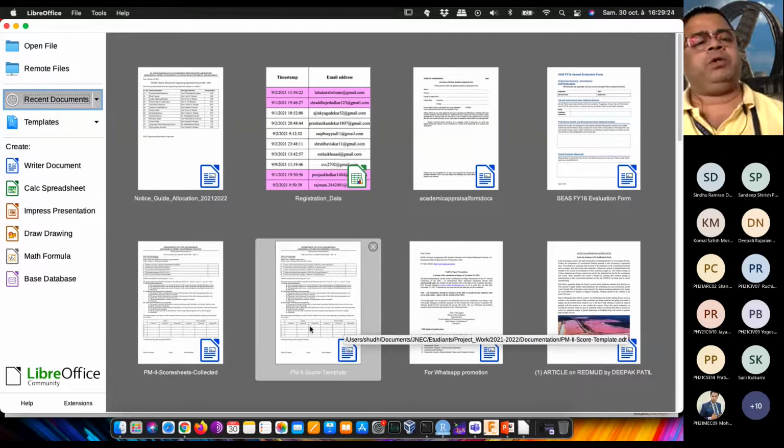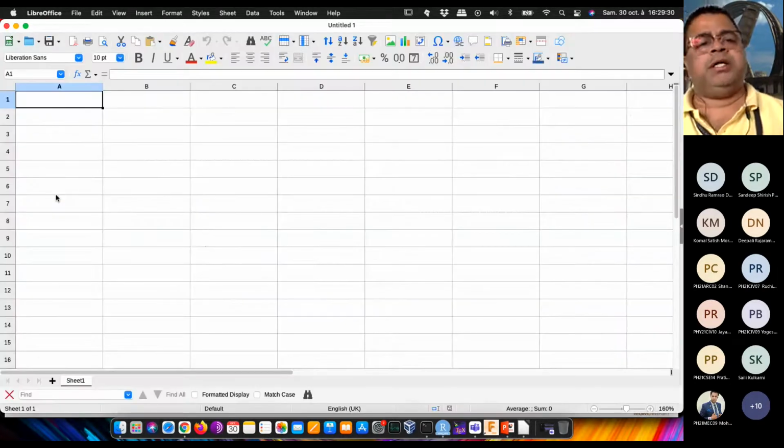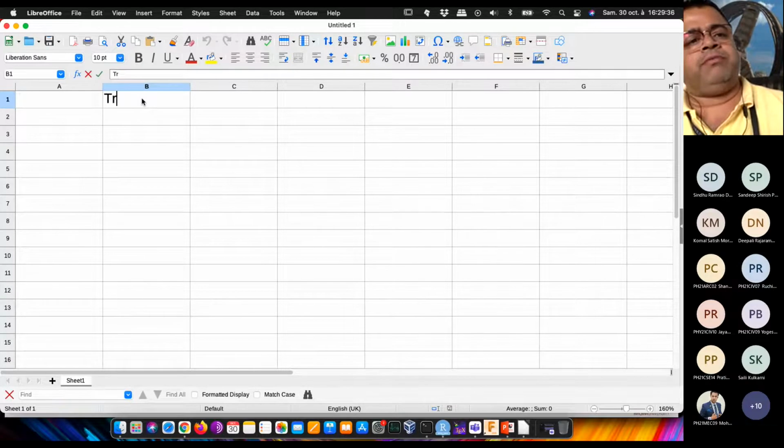Otherwise, don't try to run ANOVA. If the data is not normally distributed, it will give wrong results if you run ANOVA. So what I'm going to do, this is basically a spreadsheet software.